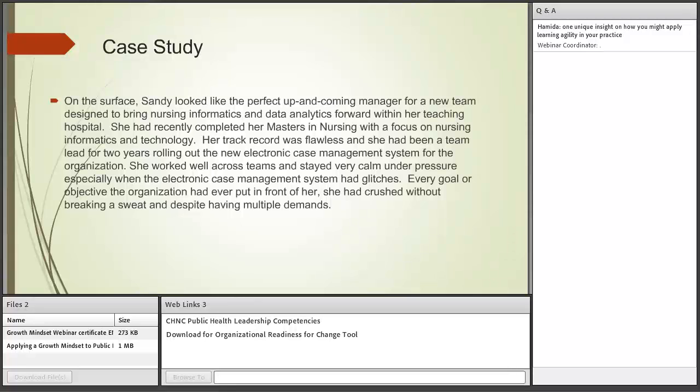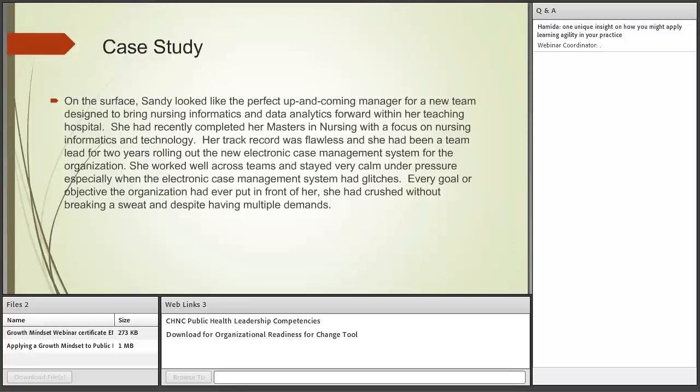On the surface, Sandy looked like the perfect up-and-coming manager for a new team designed to bring nursing informatics and data analytics forward within her teaching hospital. She had recently completed her master's in nursing with a focus on nursing informatics and technology. Her track record was flawless, and she had been a team lead for 2 years, rolling out the new electronic case management system for the organization.